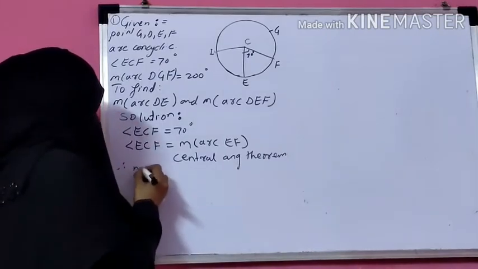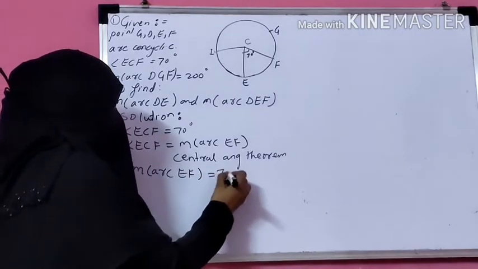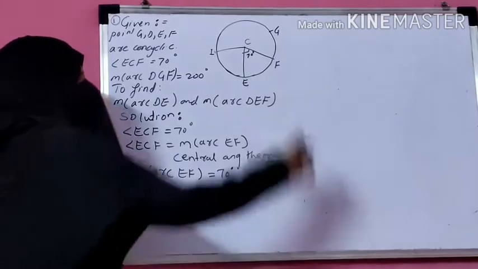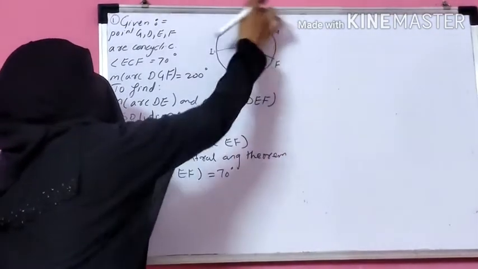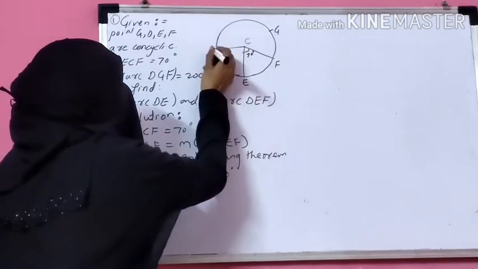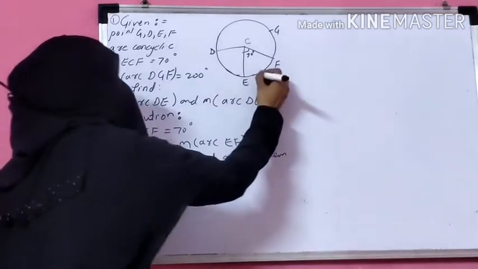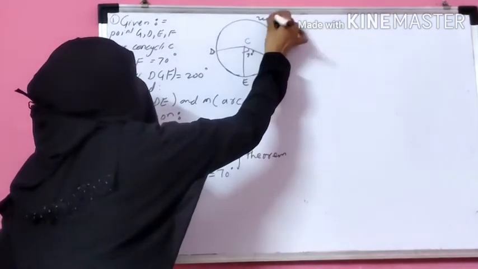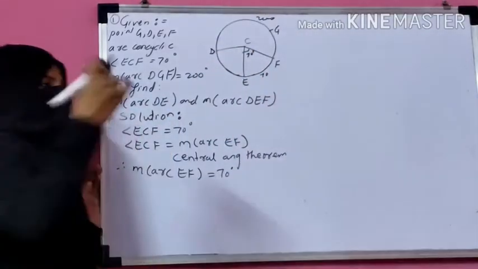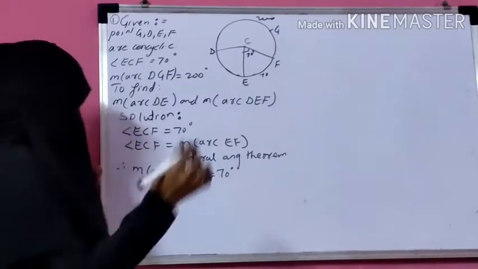So therefore, the measure of arc EF is also equal to 70 degrees. Now this arc is 70 degrees and this whole arc is 200 degrees. Then you can find the remaining arc DE, because the measure of the whole circle is 360. So this is 70, this is 200, then you can find this by adding all the arcs. The measure of all the arcs is nothing but the whole circle, and the measure of the whole circle is 360.